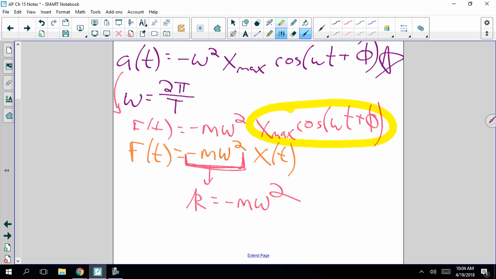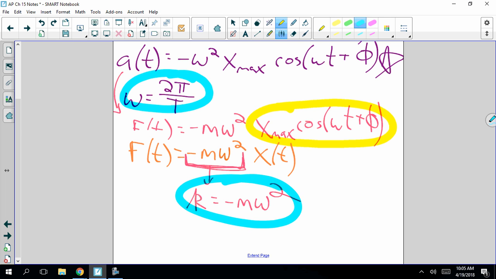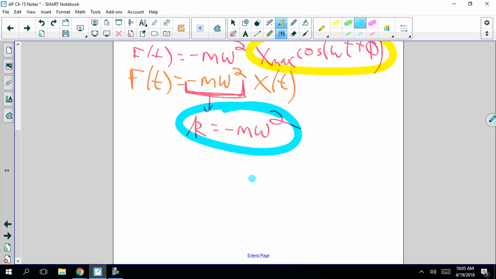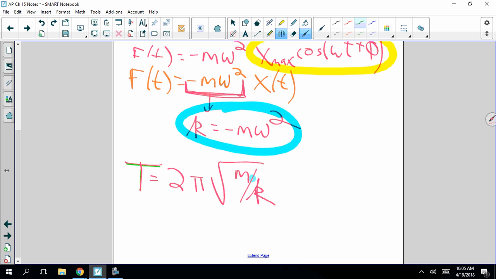All right, and then combining this equation with this equation gave us this. The period is 2 pi root m over k. Does that ring a bell?